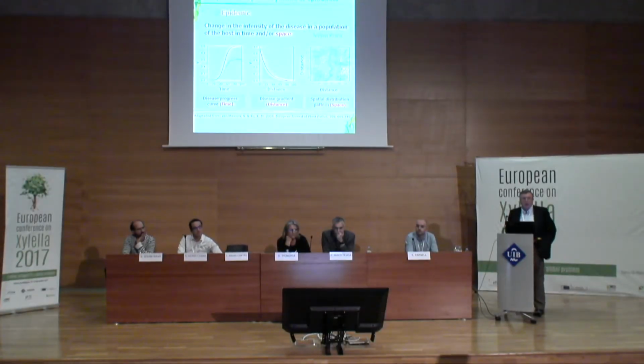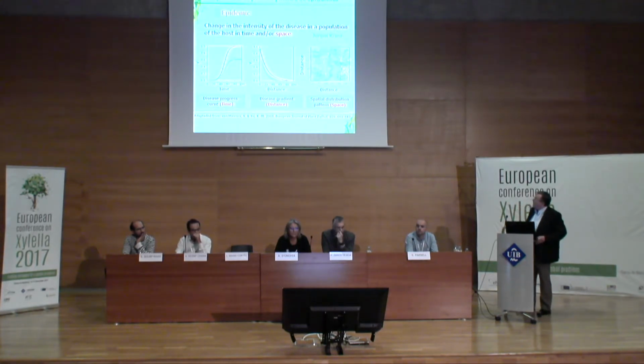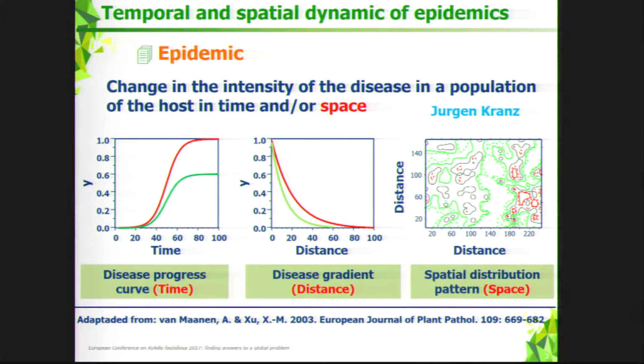As we are here with a heterogeneous audience, I decided to start with the definition of an epidemic, because many times when we think of an epidemic, we forget that it can be a temporal progression, but it also has a spatial component. So when we are talking about epidemics, we have disease progress in time, disease gradients that will be addressed in other presentations today or tomorrow, and also a spatial component.